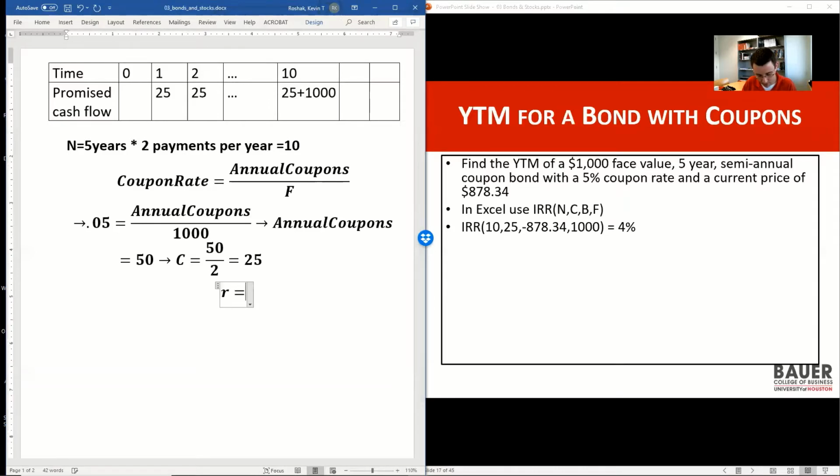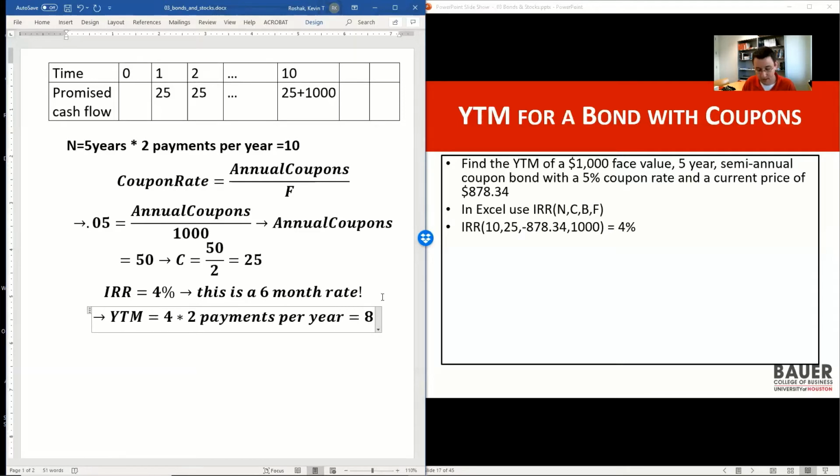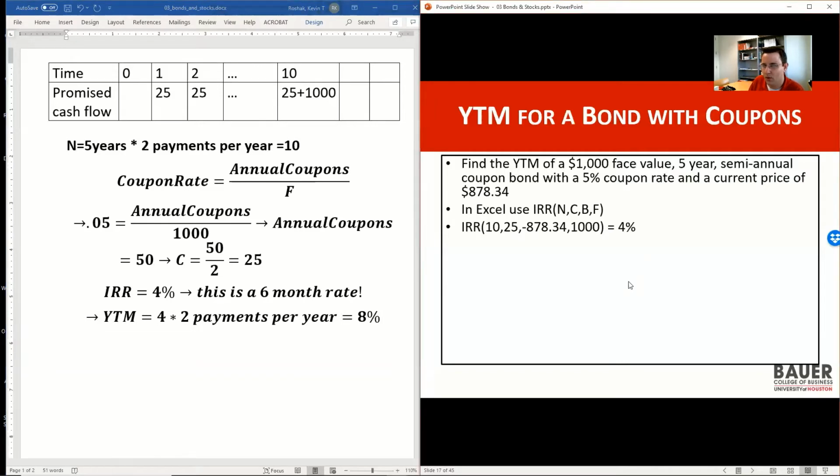If we have a 4% IRR here, this is a 6-month rate because these coupons are paid semi-annually. So what's the yield to maturity? Well, the yield to maturity is quoted annually. So the yield to maturity is 4 times 2, the 2 payments per year. So that's 8%. That's a little bit of an annoying part of the bond convention: everything is quoted annually, so you have to keep track of that in your head.